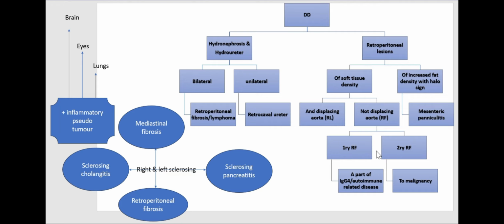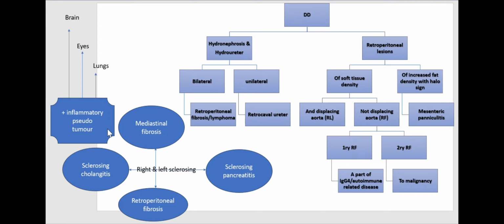It's not a secondary. And this retroperitoneal lesion, as well as the pancreatic lesion, both of these lesions are parts of IgG4 or autoimmune related disease.